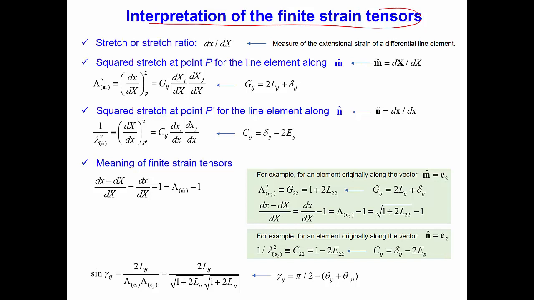A stretch ratio is defined by small dx over large dx, which is a measure of the extensional strain of a differential line segment. The stretch at a point in a material coordinate system for the differential line segment along the unit vector m hat is defined by this equation.